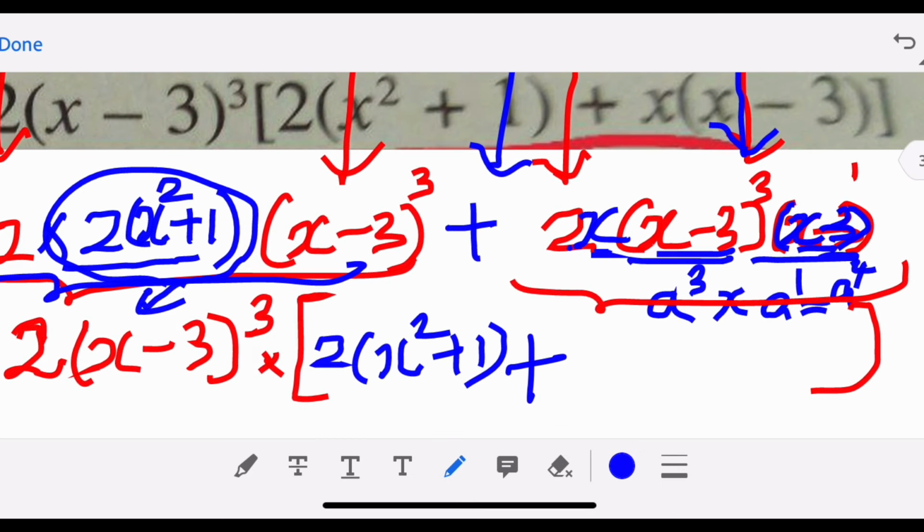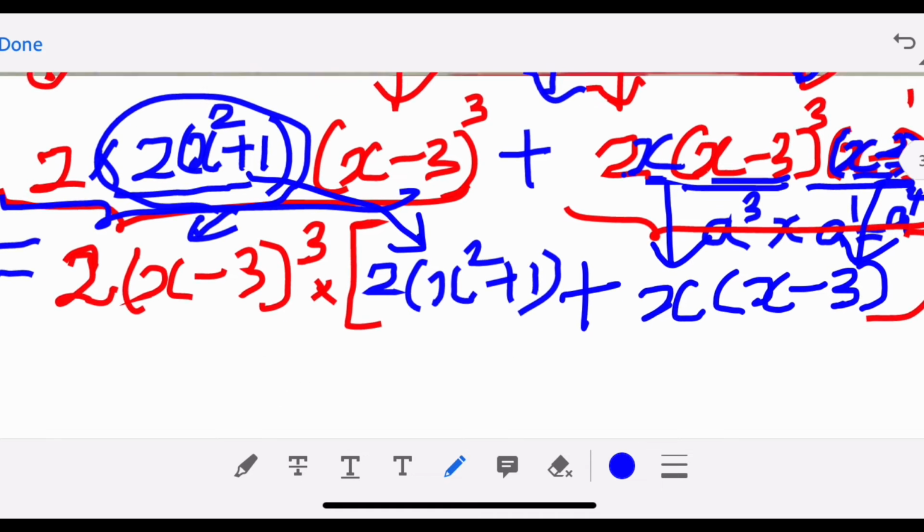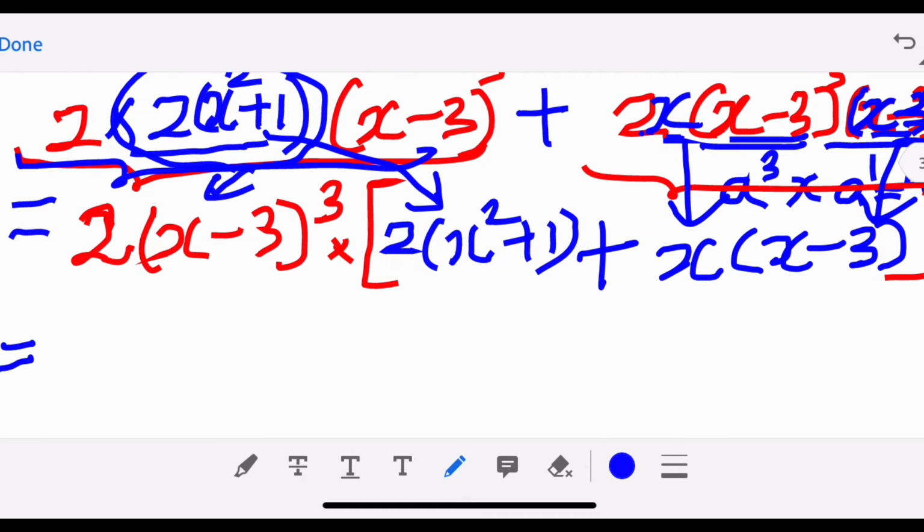So the one in red color I'm not going to copy. I will copy the one that is left over in blue color. Double check, because we might miss out things when we write, especially when we are in a hurry in the exam. That is actually the factorize completely answer.